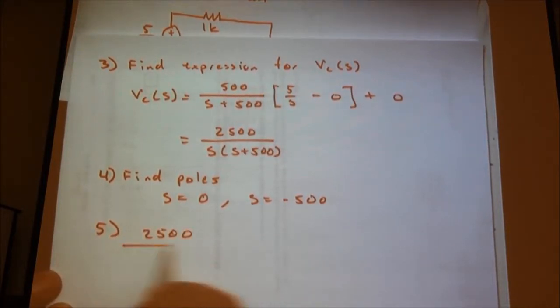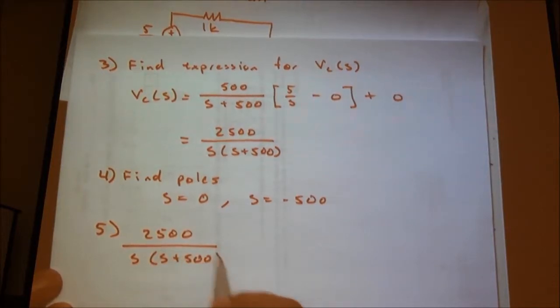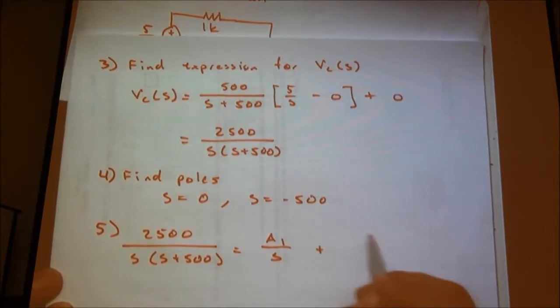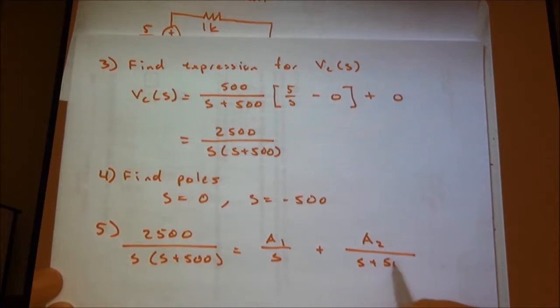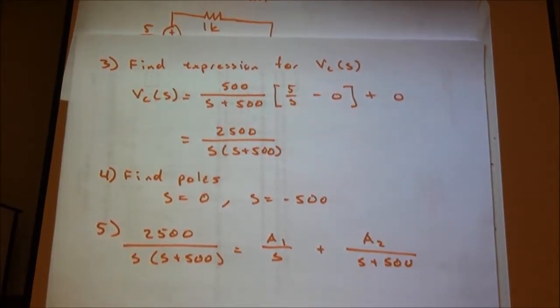2500 over S plus 500 is going to be A1 over S plus A2 over S plus 500. I hope we're all in agreement. There's the partial fraction expansion.